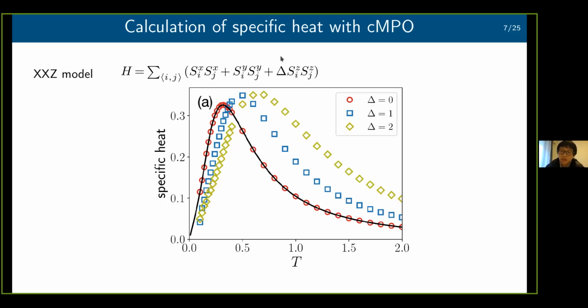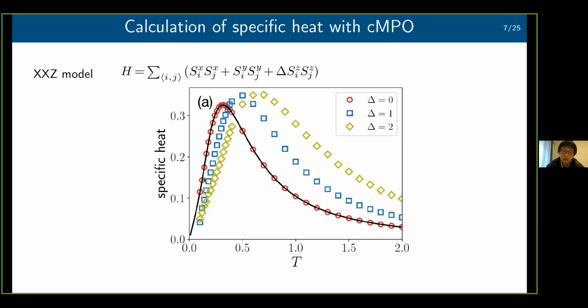For different choices of this anisotropy, we can perform our numerical simulation. At this delta zero limit, the model is reduced to the XY model, which can be exactly solved by transforming it to free fermions by the Jordan-Wigner transformation.